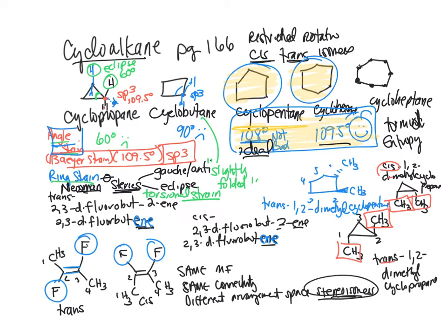And the reason why is because if it folds a little bit, then you can relieve this. And so these are total eclipsed. Okay, there's no getting around it with cyclopropane, but this becomes just eclipsed. So these become eclipsed, but not total eclipsed.